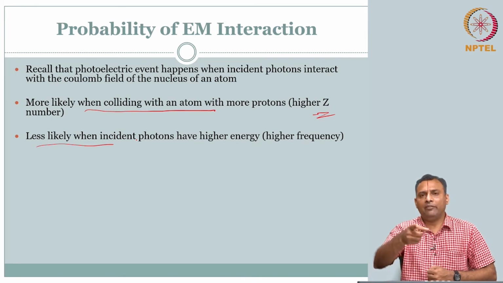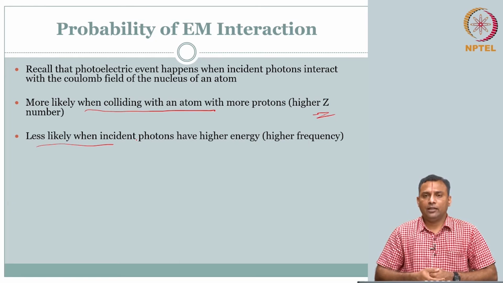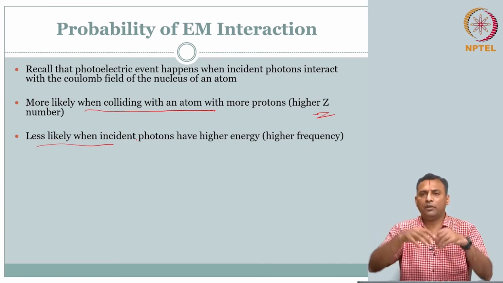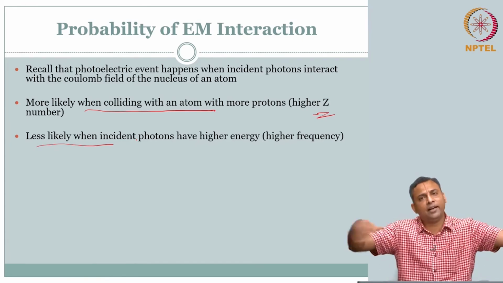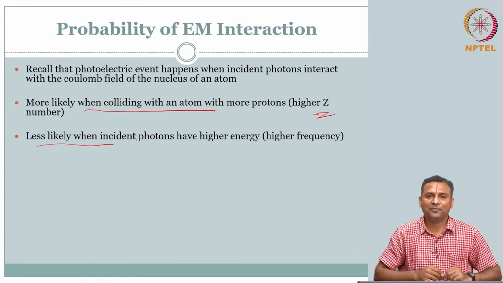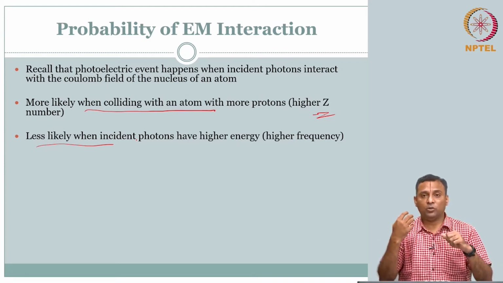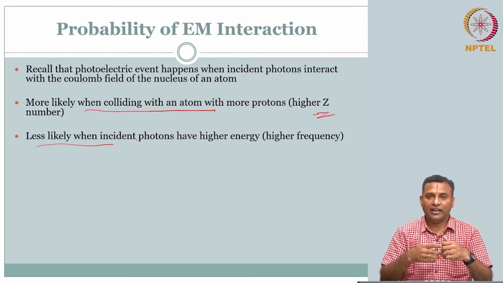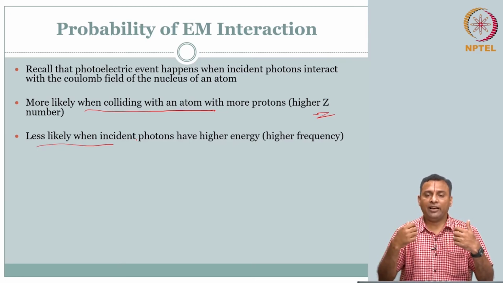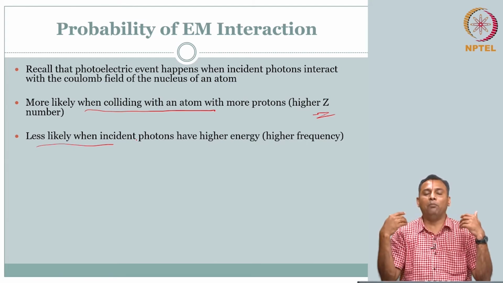If I have way too much energy compared to the people who are standing there, I will probably not interact with them. When I go through them, they will all fall apart and I'll proceed further. When is the chance of me interacting with them? Oh, when my energy is not so much, when it's greater than theirs, so that I will have some energy to give. If I have energy less than theirs, then probably I cannot penetrate them, I'll come back.